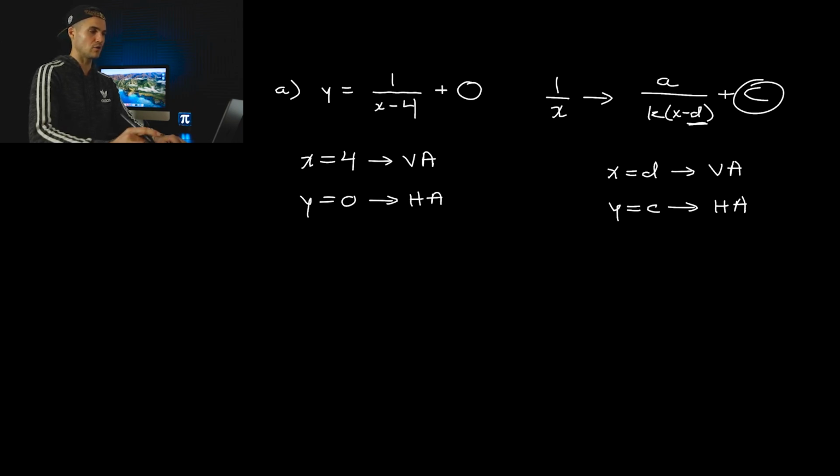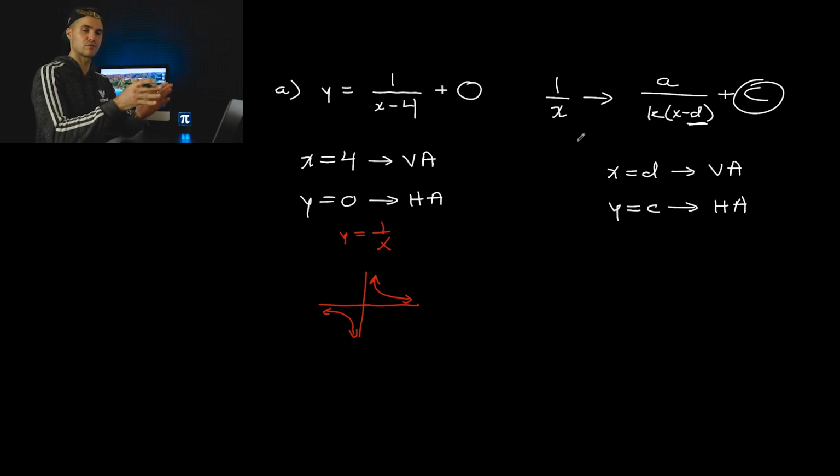Now the function 1 over x, the parent function, let's draw it in a different color here. If you remember, the way it looks is like this, right? It has a vertical asymptote at 0 and a horizontal asymptote at 0, because that c value is 0 as well. Well, for 1 over x minus 4, the way you could think about it is, remember what the d value does? It shifts the function 4 units to the right.